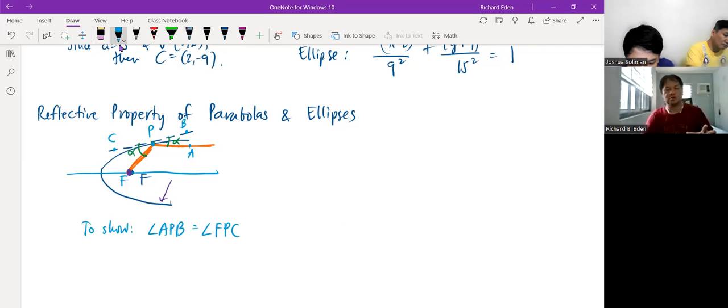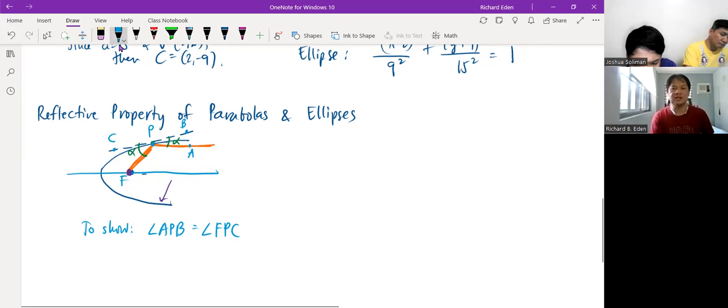So we've got to show na if the angle APB is alpha, then from the focus to point P and some other points on the other side, the angle there is still going to be alpha, to really prove that when the signal bounces off, it will indeed go to the focus. So yun ang kailangan nating makita: APB equals FPC.